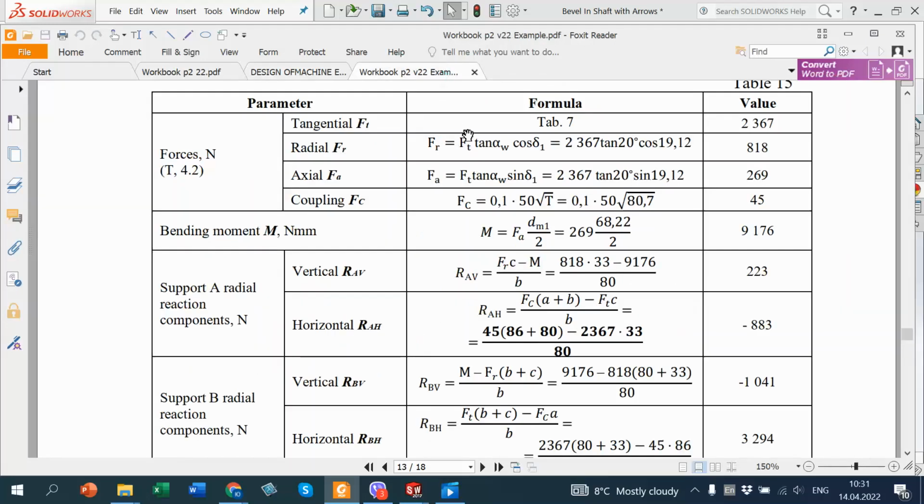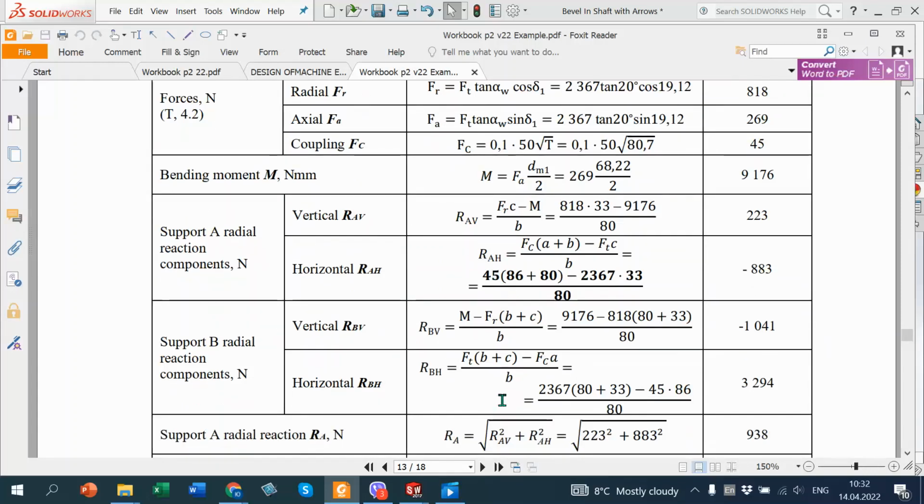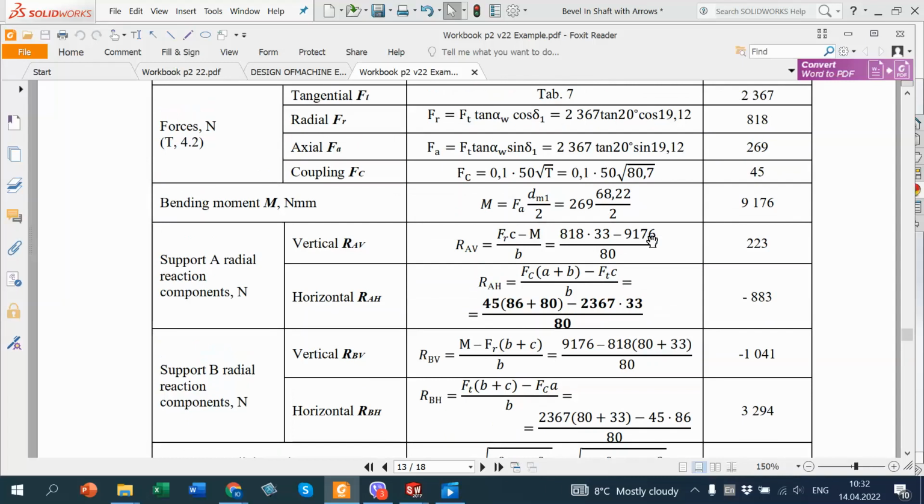They are here. Pay attention that you need not to calculate with a very big number of digits. Four digits enough.